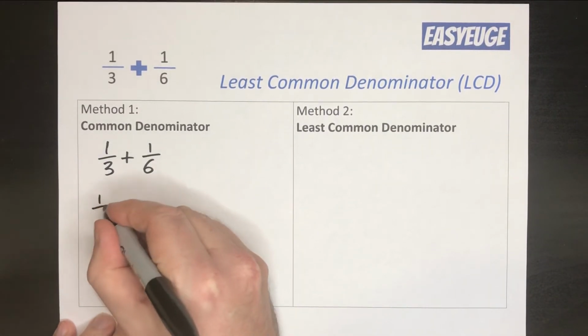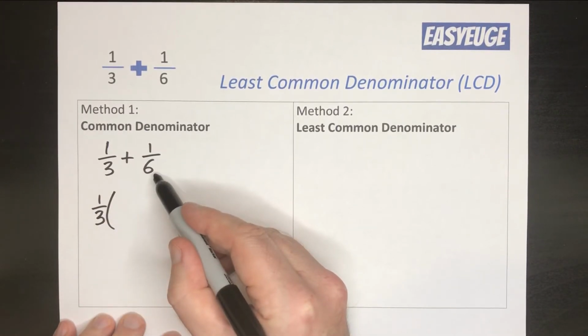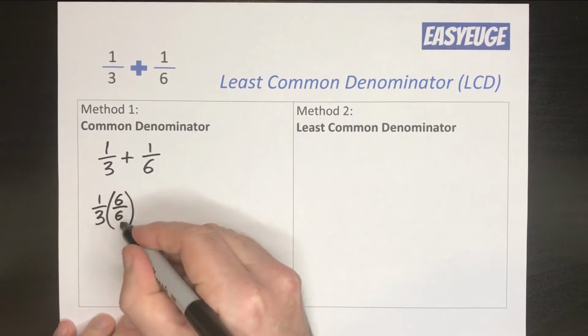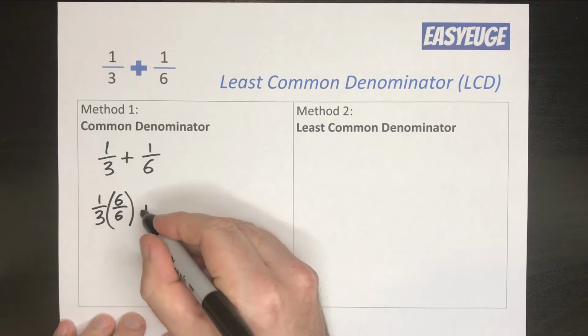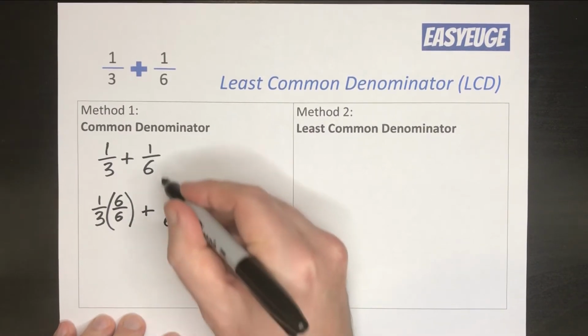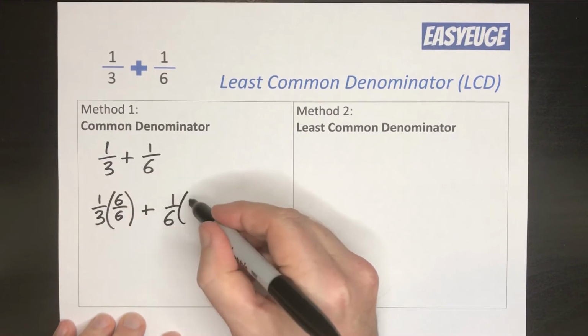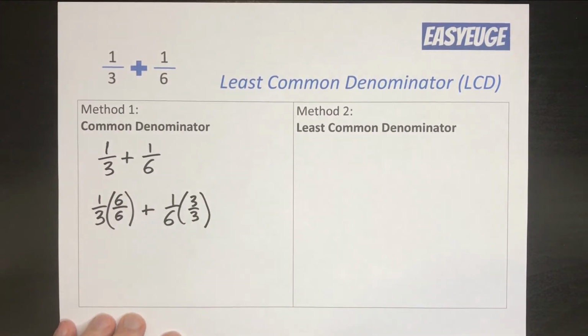Okay, so let's write down 1 over 3, and we multiply that by the bottom number, 6. But we'll make it 6 over 6, because that's the same thing as multiplying by 1. And let's add on the 1 over 6, that's this fraction, and we multiply by 3, but we make it 3 over 3, because that's the same as 1.